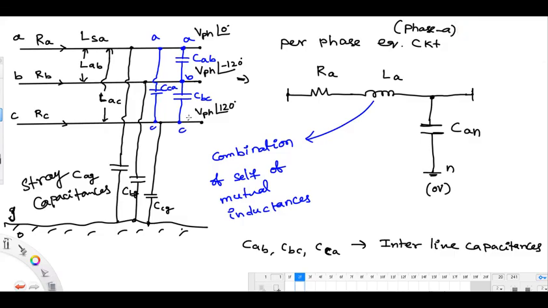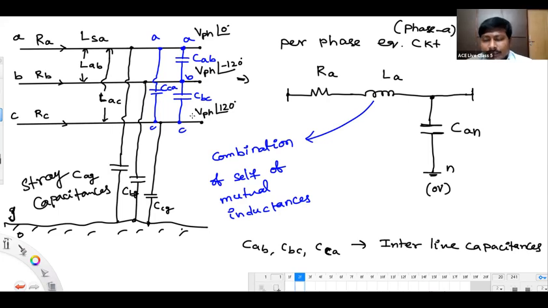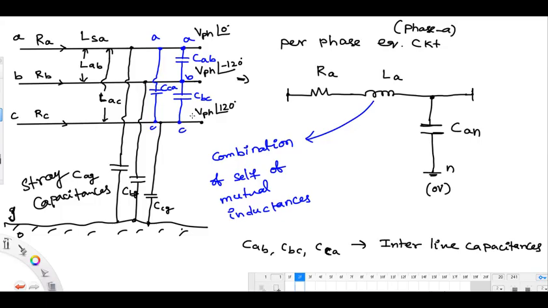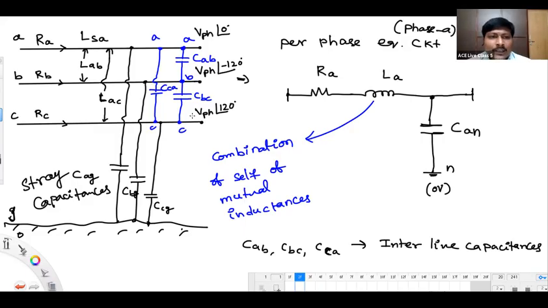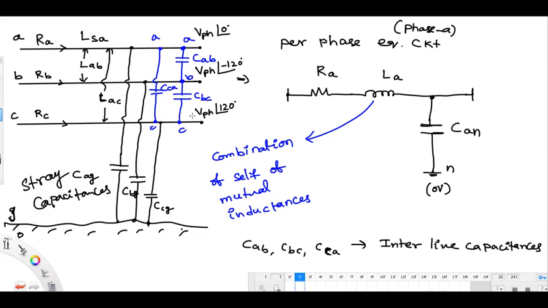In monopolar, you have to circulate 100 kiloamperes of current in the ground. That is disturbing various communication signals, railway signals, causing induced EMFs in the water pipes that we lay in the ground. Those issues will be there. That's why we don't suggest going for a monopolar link. That's it, sir.